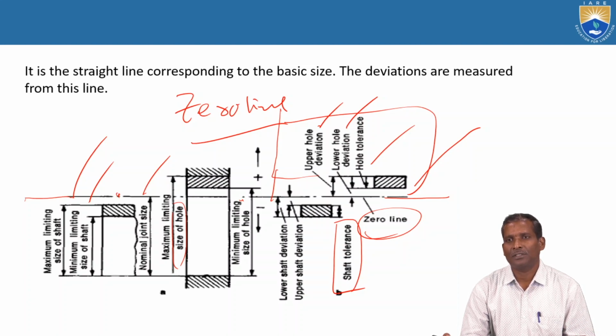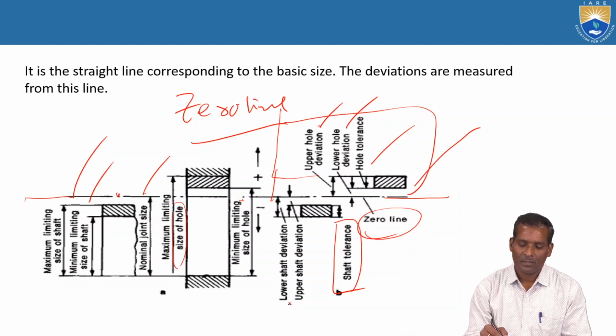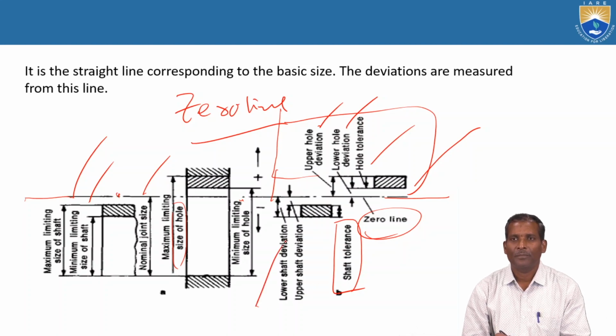That line is called a zero line. Whatever the tolerance, hole or shaft tolerance, lower deviation, upper deviation. Similarly, coming to the shaft tolerance, lower shaft deviation and upper shaft deviation, lower one and upper from this line.